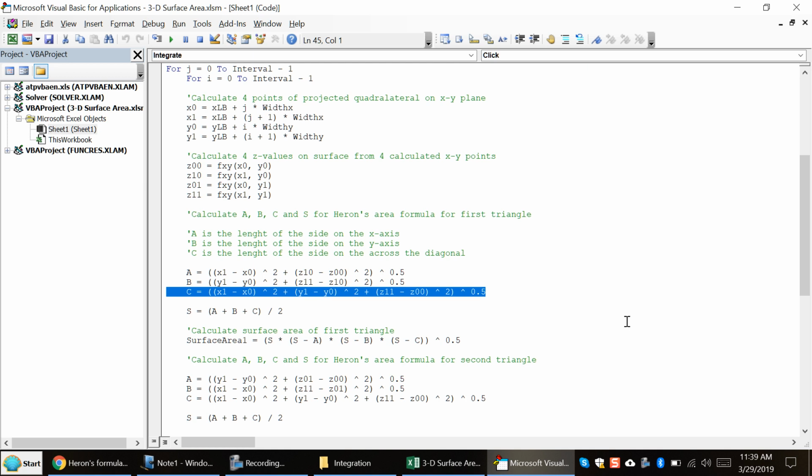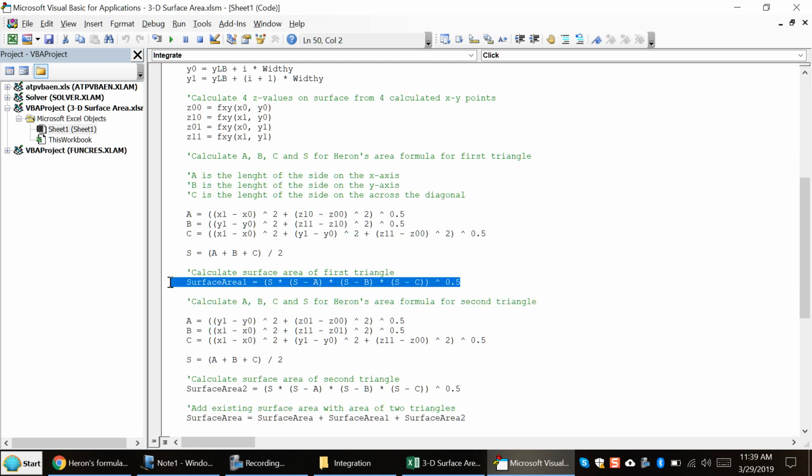Okay? Because either your X value doesn't change or your Y value doesn't change. I shouldn't say 0. It is the same, so it's almost like it's 0. Is that clear? And then, because I already know A, B, and C, I just calculate S. And then guess what I do? I say I'm going to call this surface area 1, and I plug into Heron's formula.